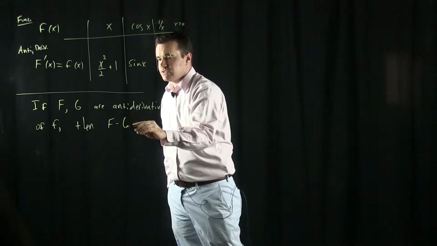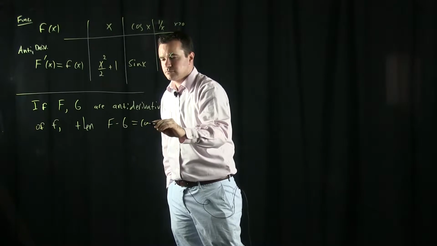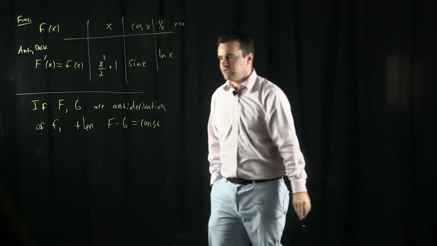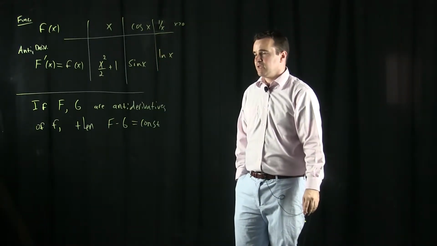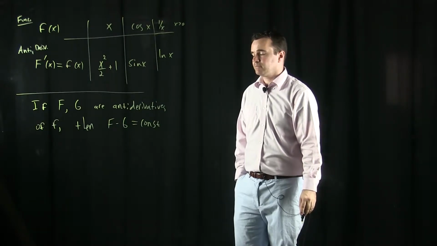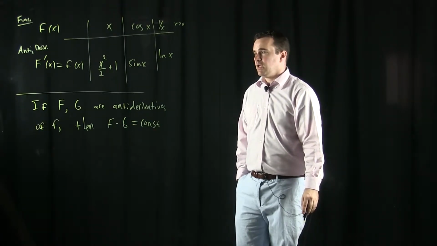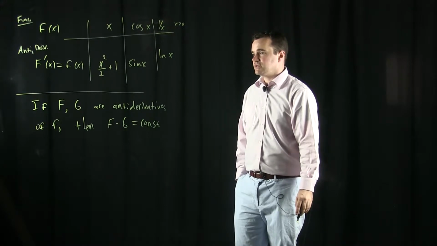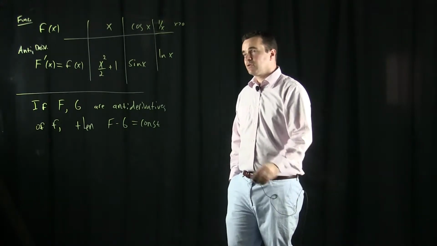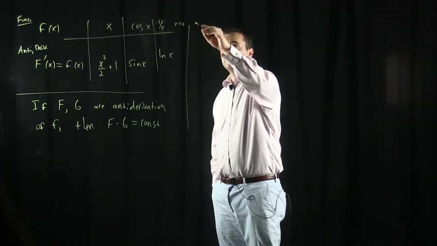So F minus G must be equal to a constant. How can we do this? Let me show you the proof.